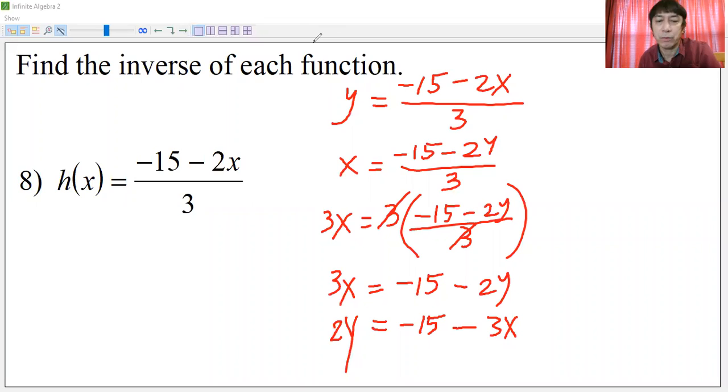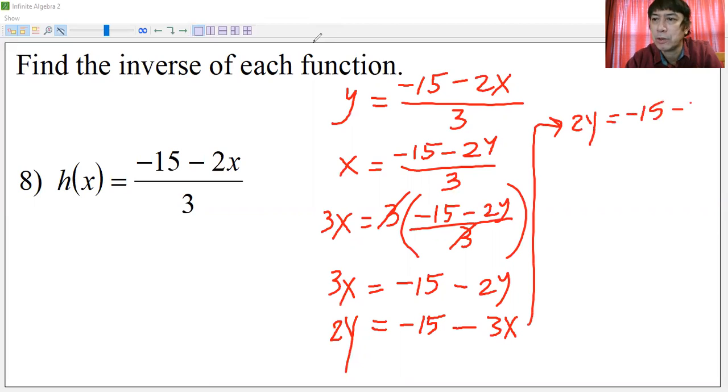After which, we will just divide by the number 2. So we have 2y is equal to negative 15 minus 3x. Let me just clear that out.